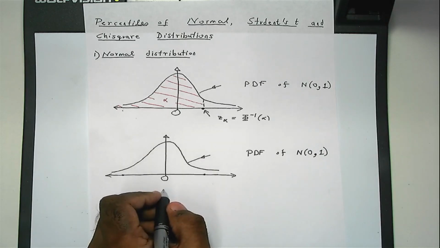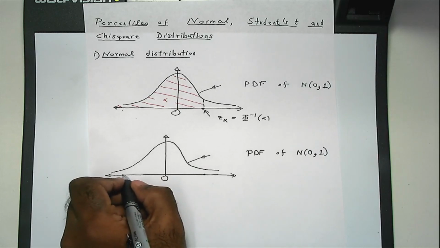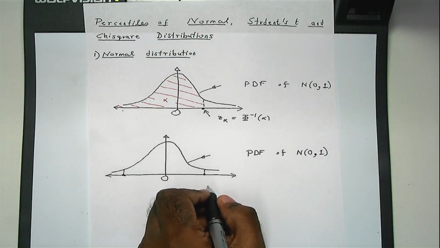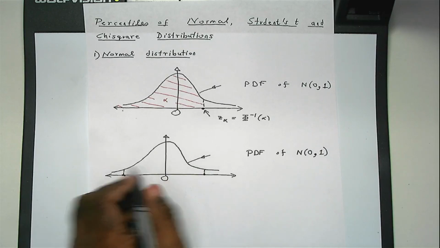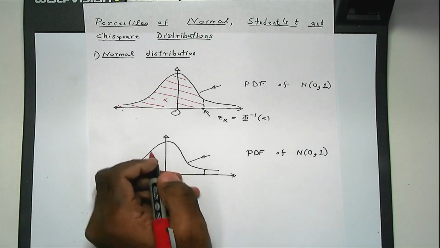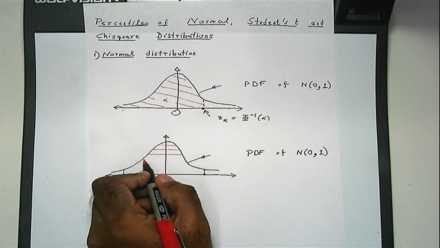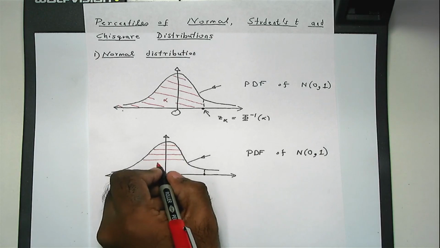And suppose the area in between these two, that's this area here, suppose this area is 1 minus alpha, okay?